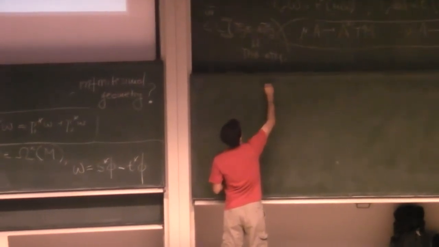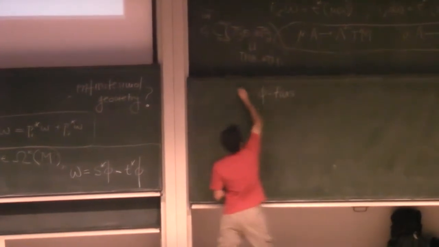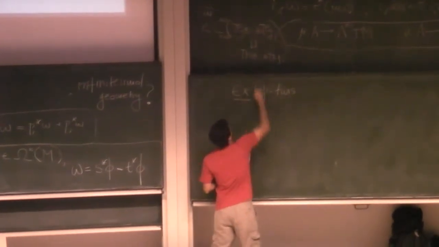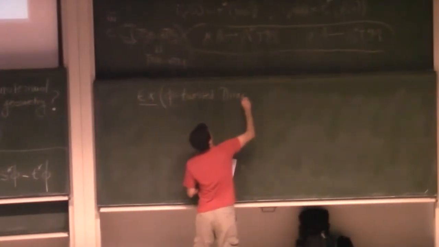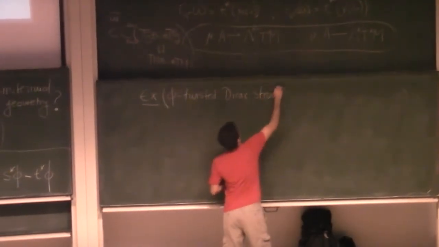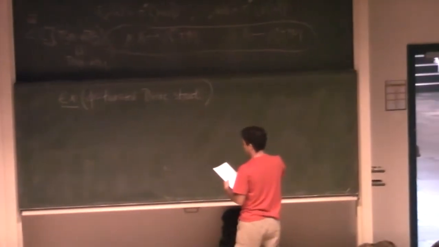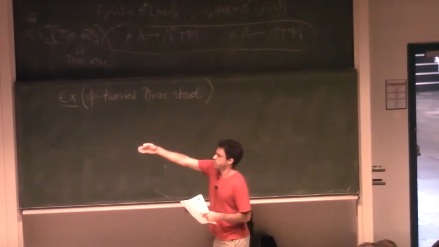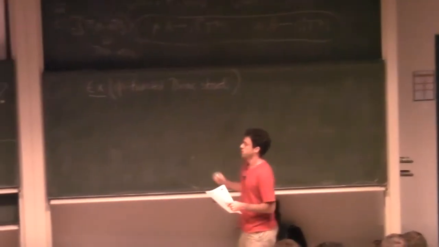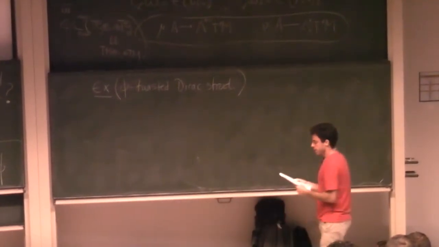So this is an example of a phi-twisted Dirac structure. I will present it as a particular case of an IM form. So I'll give you these maps, and they will satisfy these regularity conditions.